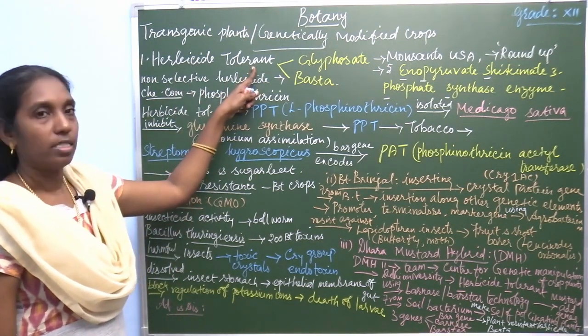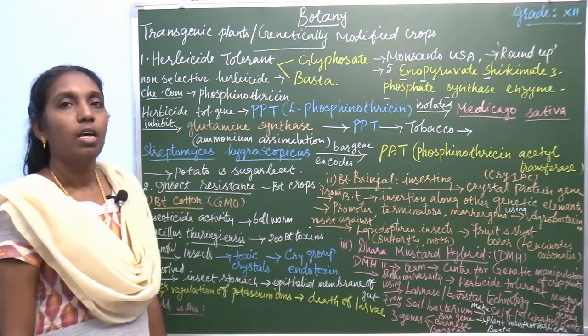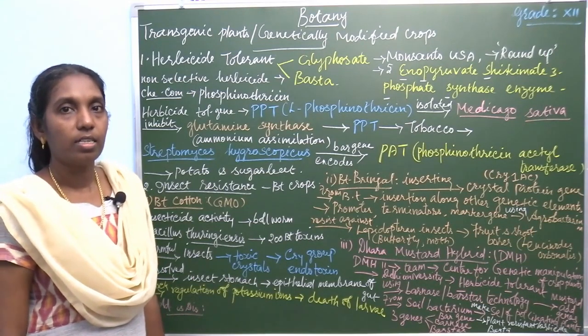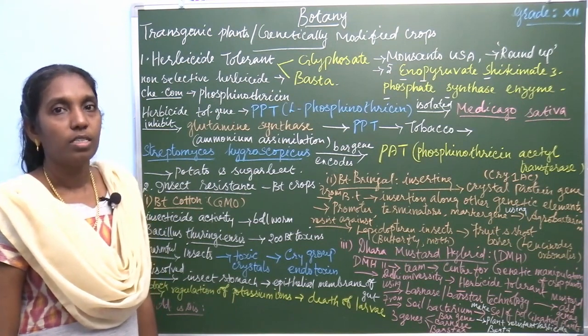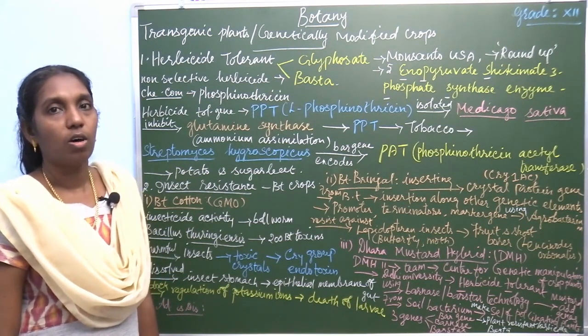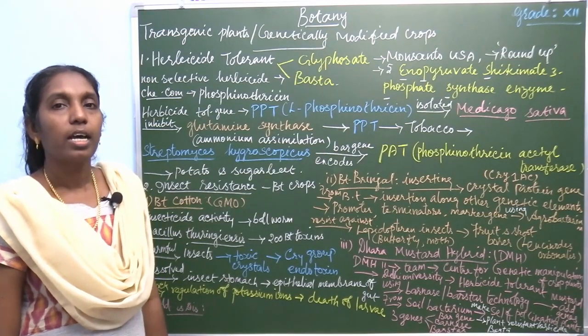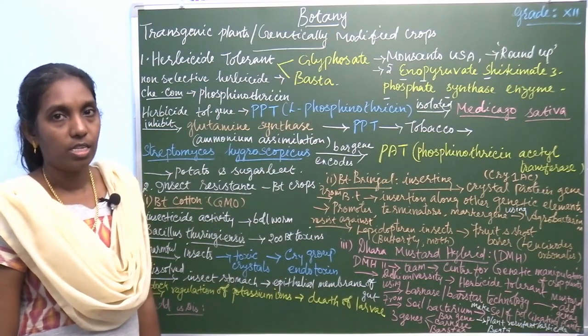Herbicide tolerant. Before that, what are transgenic plants? You know that in this chapter you are continuously learning about gene modification, how the plants or the tissues or the organisms or microbes can be modified by introducing the desirable genes.